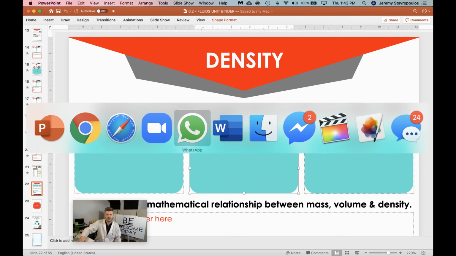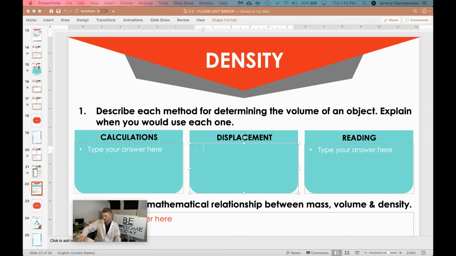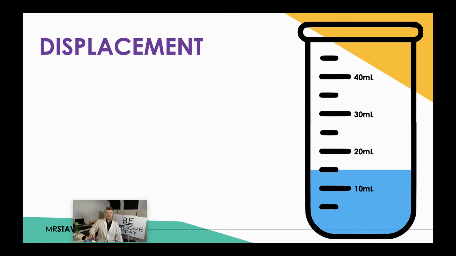So the word displacement means like being put out.